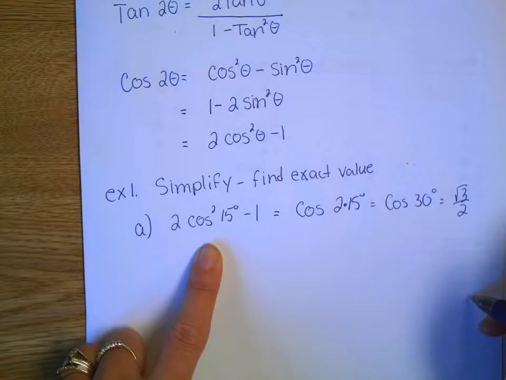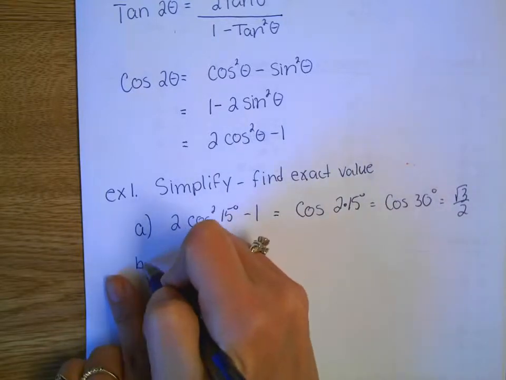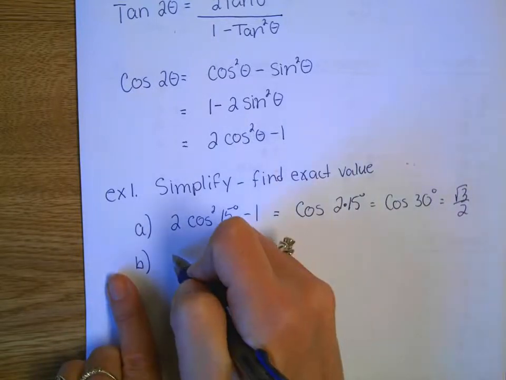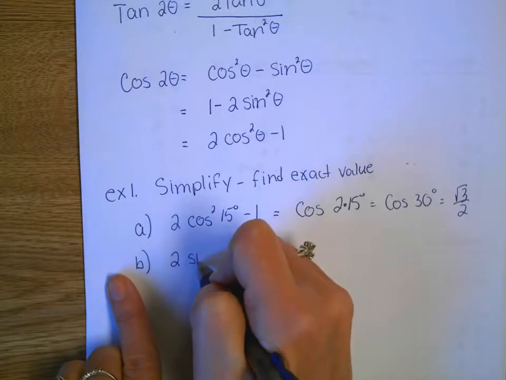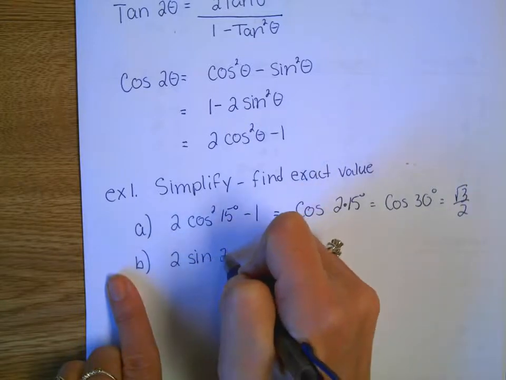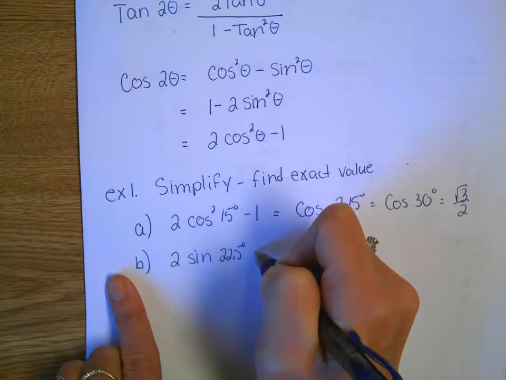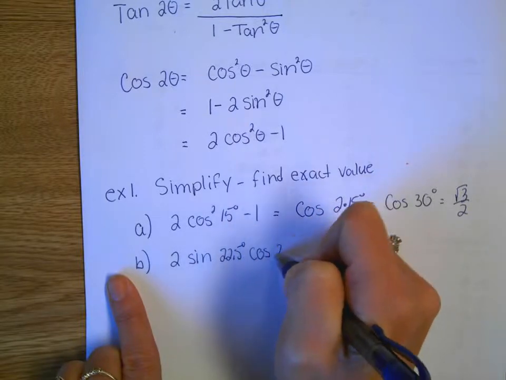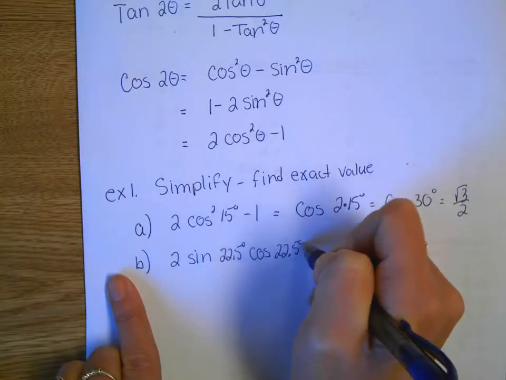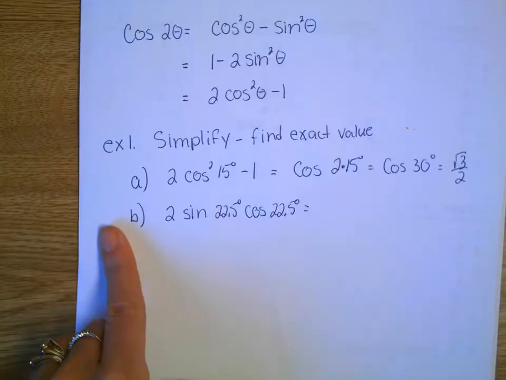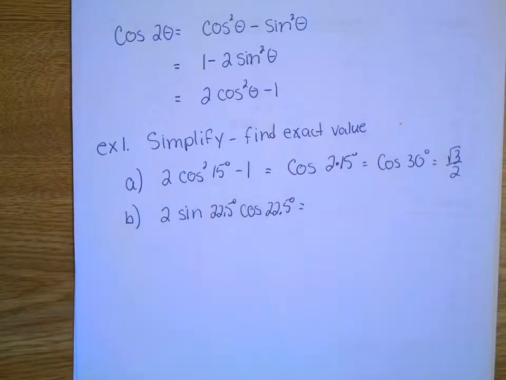B. 2 sine of 22.5 degrees, cosine of 22.5 degrees. You don't have 22.5 on there, but does that look like one of the identities that's been expanded? It does.